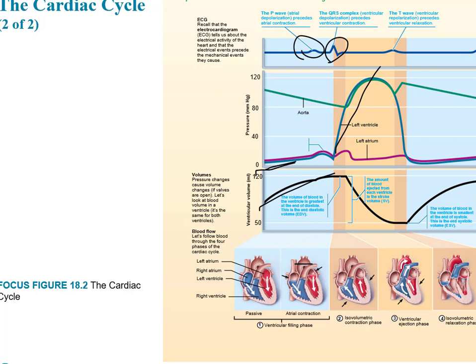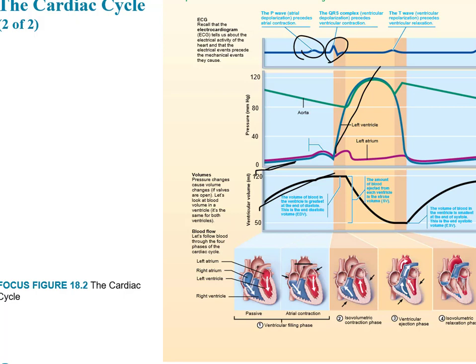So you have your semilunar valves open. The pulmonary valve and the aortic valve are open. Because of the pressure that builds up, causing the ventricular depolarization and contraction of the ventricles, the blood is eventually pushed into your pulmonary artery and the aorta.